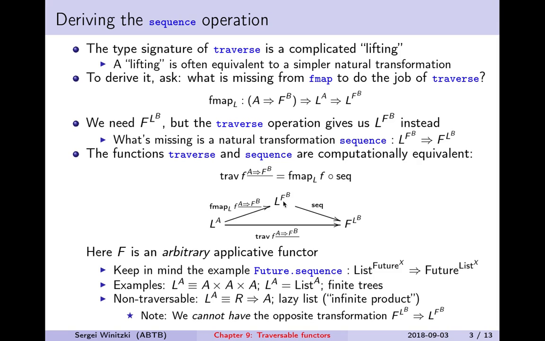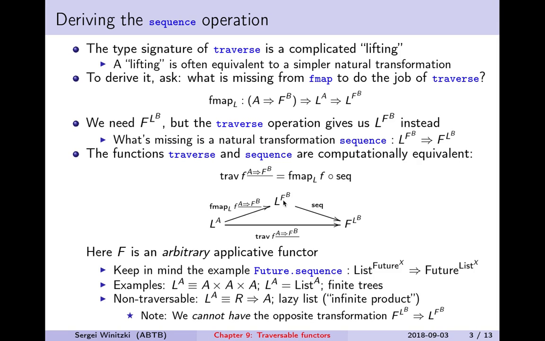The type diagram looks like this. So we start with the type LA, and we can do traverse on it directly with this trav function, which takes f and directly gives you from LA FLB. Or you can first do fmap. So you map a function f under L, you get, instead of LA, LFB, and then you change the order.